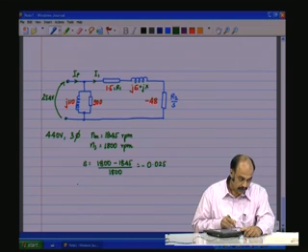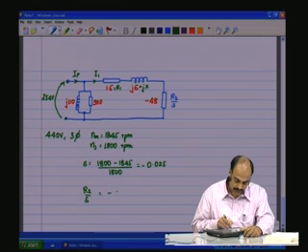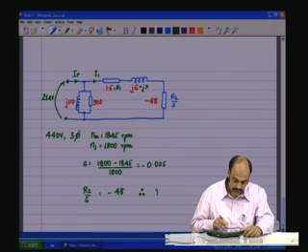Okay, and R2 by S is equal to minus 48, and therefore R2 is equal to 1.2 ohms.